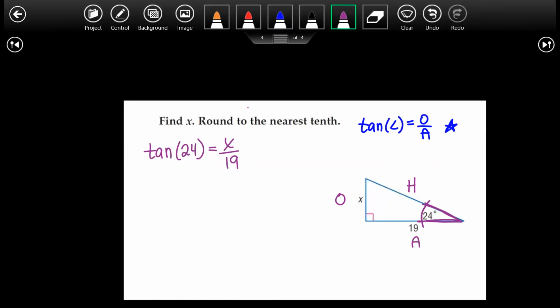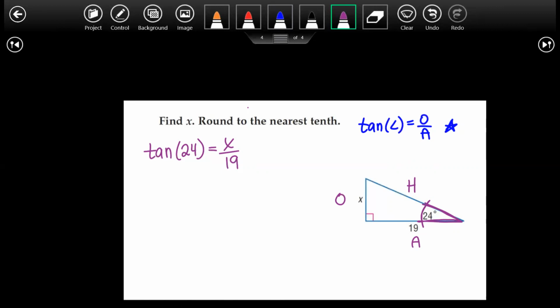Now, what we're going to do first is calculate what tangent of 24 is. It's not tangent times 24. We're plugging 24 into tangent. So do me a favor. If you have an Android, you're going to type tangent 24 equals.